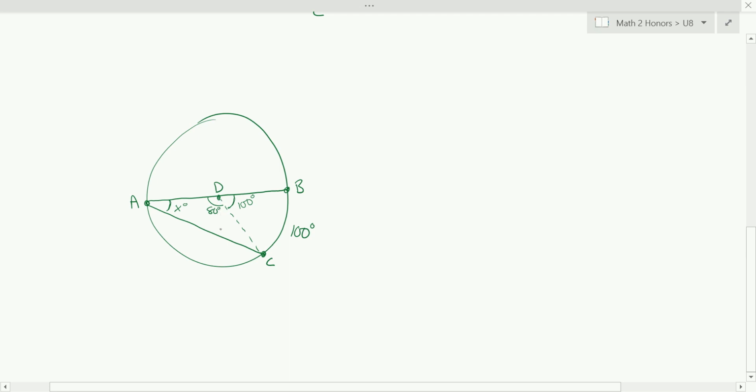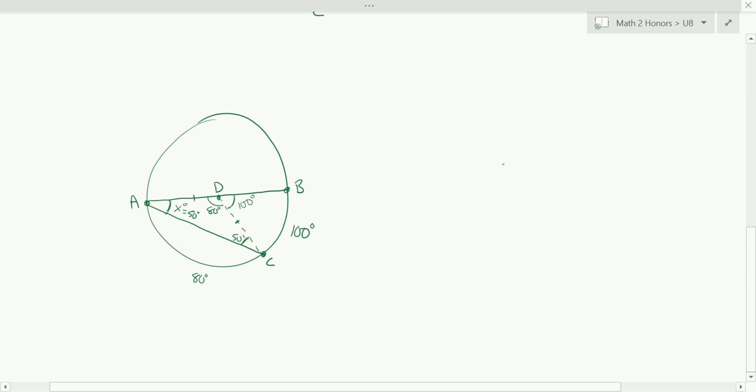We could also say this is 80 out here, right? Because that's half the circle. Okay. Radii. We got that isosceles triangle. So those are congruent, and all three add up to 180, so they both have to be 50. So you got 50 here, you got 50 there.